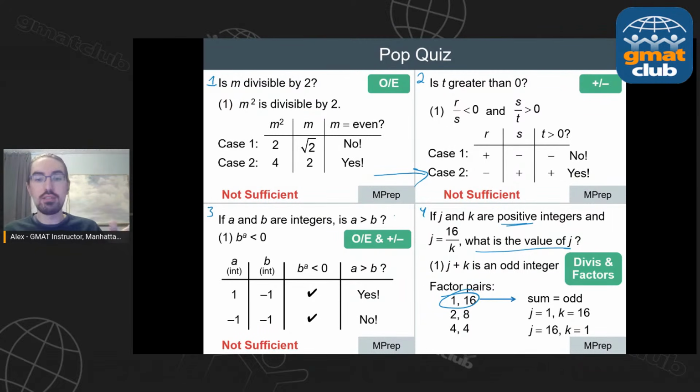So all 4 of these end up being not sufficient. And all 4 of them are testing number properties. Some of them are a lot clearer, like definitely that's what we're testing. Some of them, you don't know until you get into it which number properties are helpful. So what's your goal? Your goal is to be familiar with these number properties.